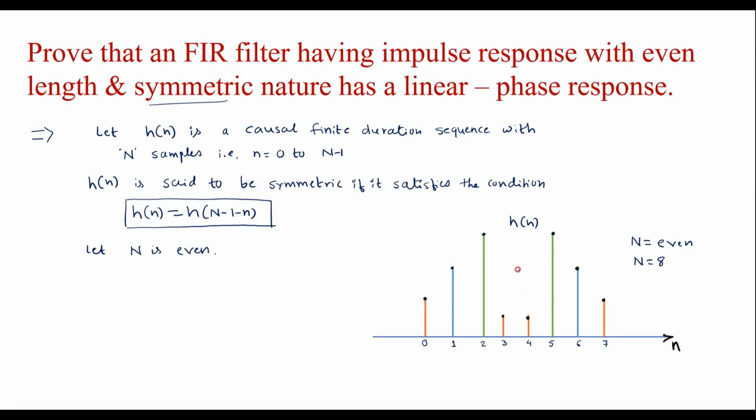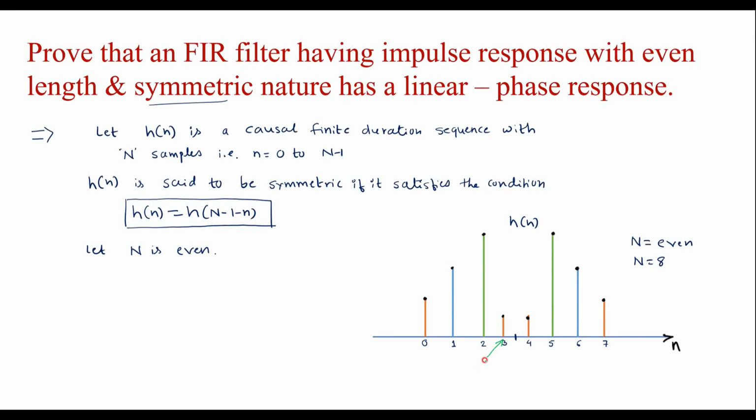So this h of n sequence is symmetric at this point. It means that the samples on the right side of this point are the same as the samples on the left side of this point. That is nothing but symmetric.